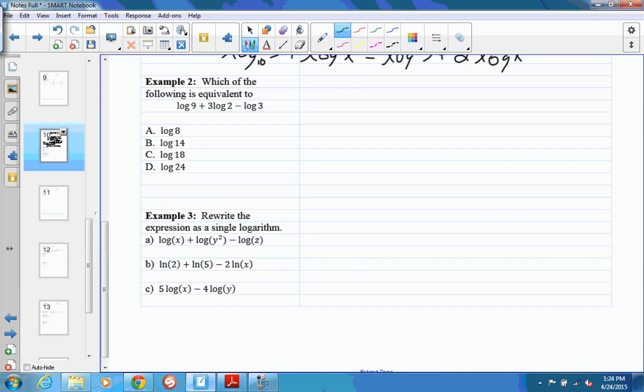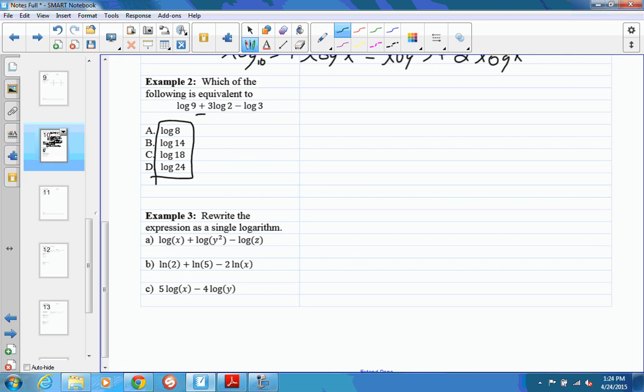Alright, condensing. Which of the following is equivalent to log 9 plus 3 log 2 minus log 3? So all my answers are condensed down to single logs. So if I can condense this down to 1, I should get an answer. So I see 3 different properties I'm going to use. I've got a plus.